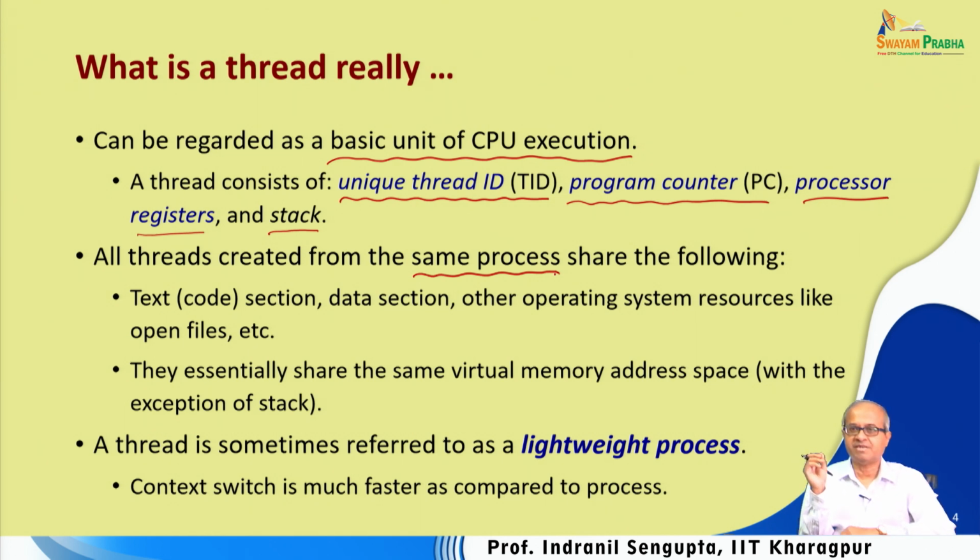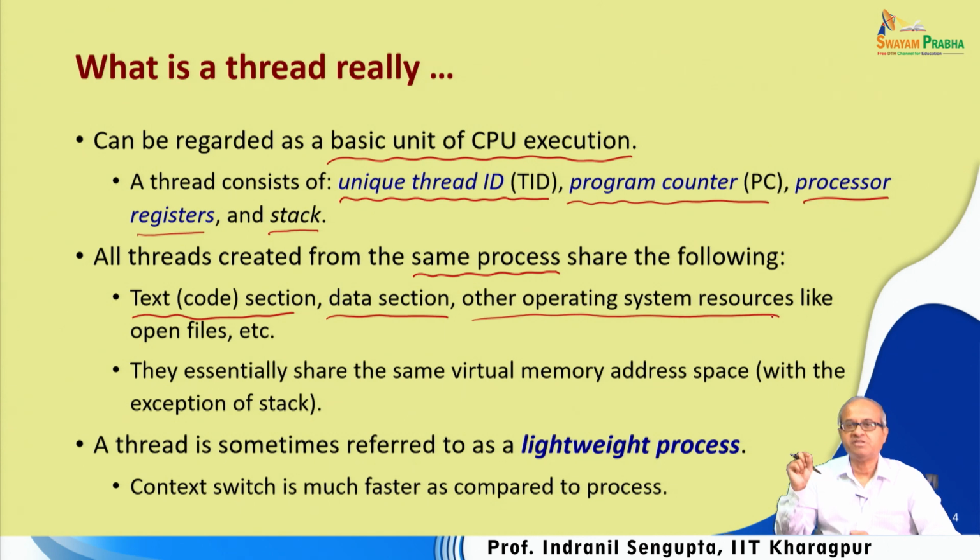But in threads, the text section, data section and some other operating system resources are all shared. For processes it was not so, because of which the context switch for processes was more expensive. You have to save everything, you have to restore everything.